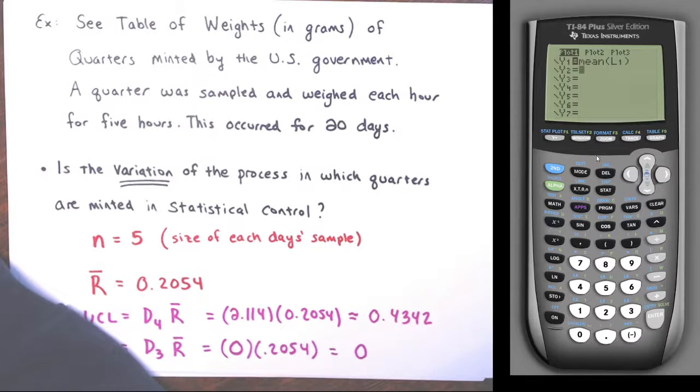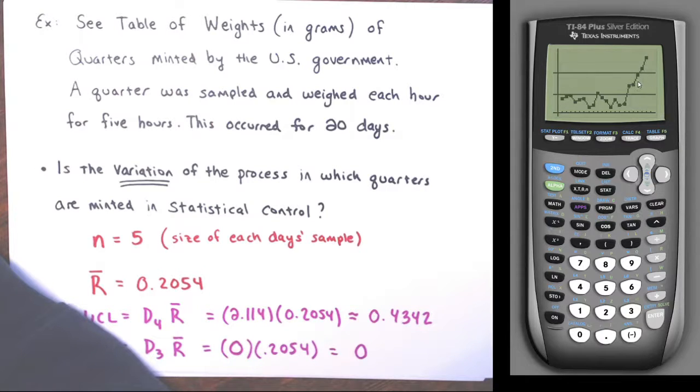So upper control limit was y equals 0.4342. Now let's look at the graph. You see the lower control limit is just the x-axis. There's y equals 0 right there. There's the center line, that 0.2054. And there's the upper control limit coming in here at 0.4342.